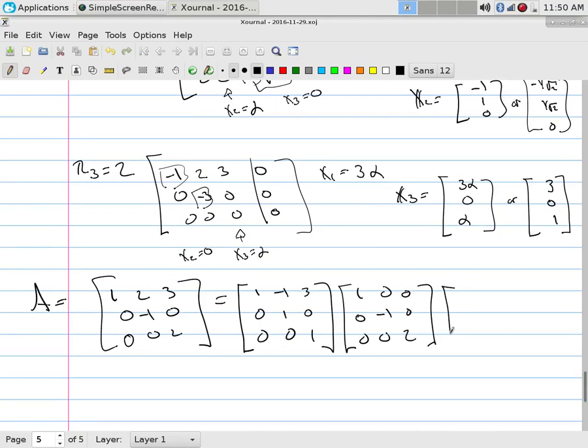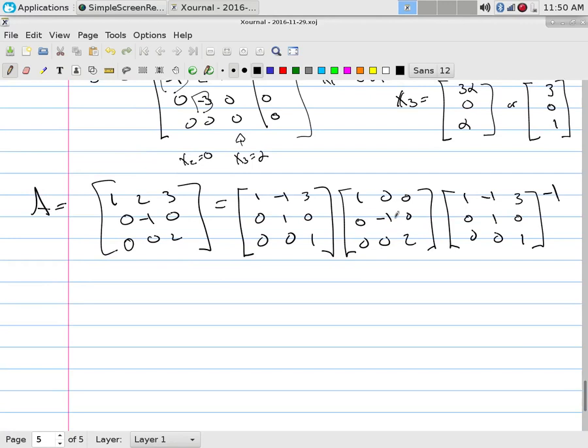And then I take this whole matrix here, 1, 0, 0, negative 1, 1, 0, and 3, 0, 1, and have to invert it. And then all of that multiplied would just spit that one right back out. Might not look pretty, but we'll have a reason why here in a bit.